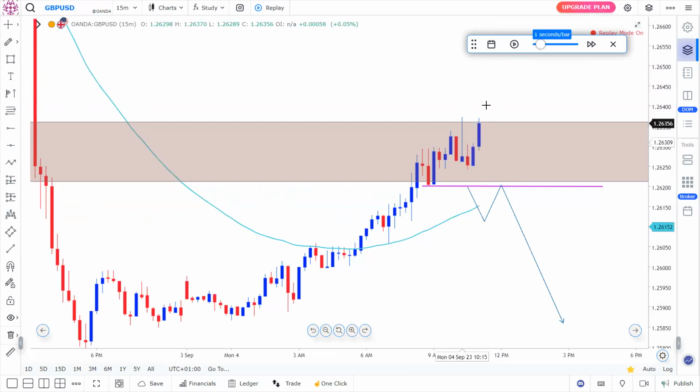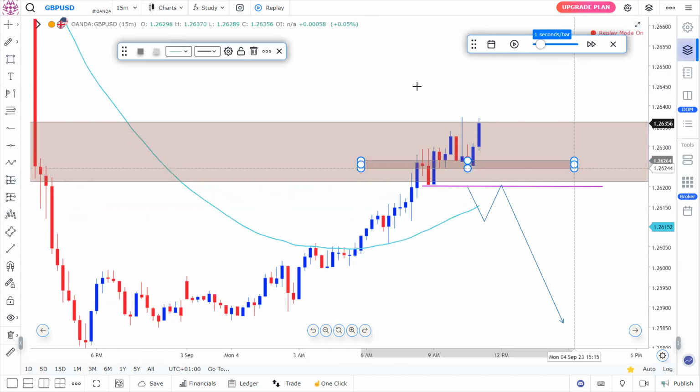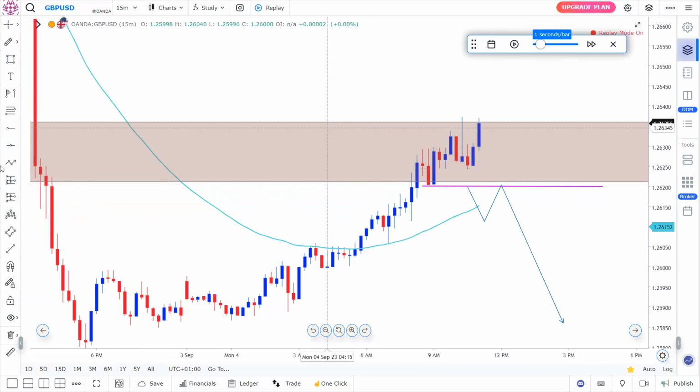Now price kept on printing even more highs, giving us an even more solid market structure.